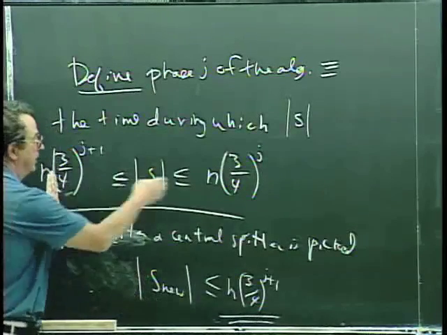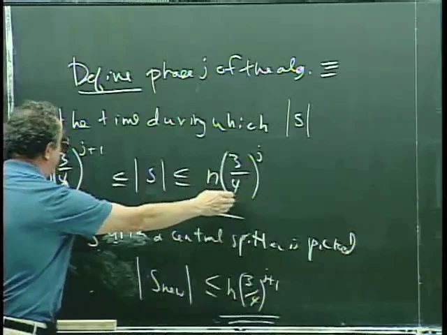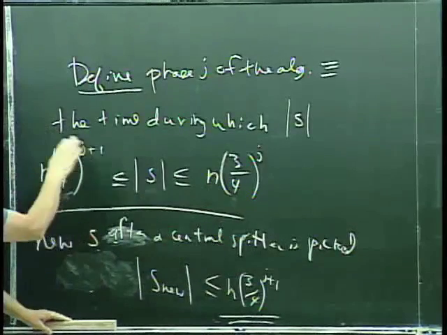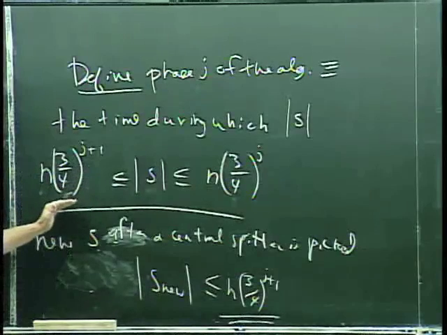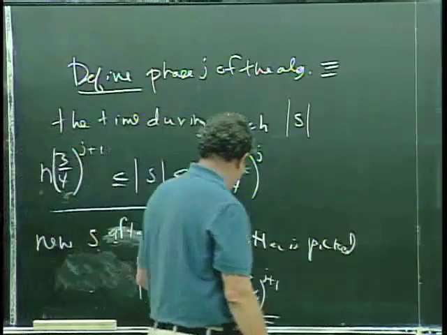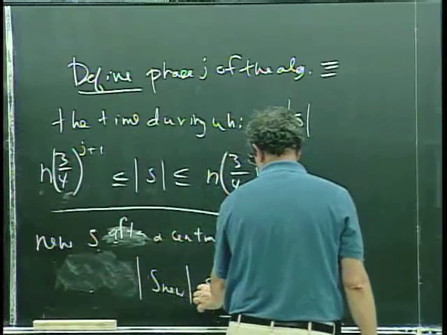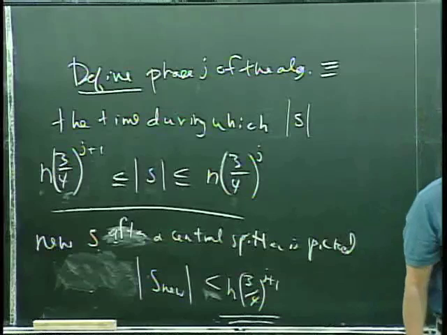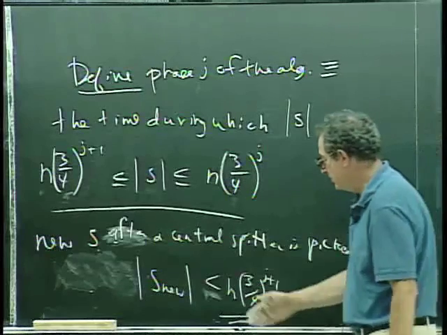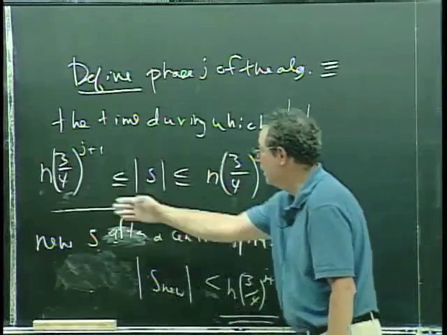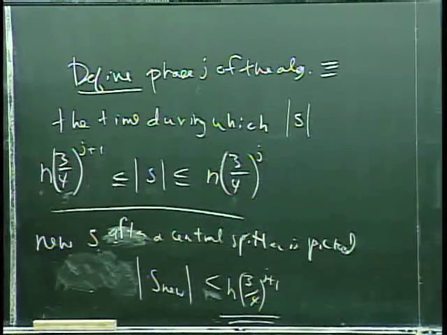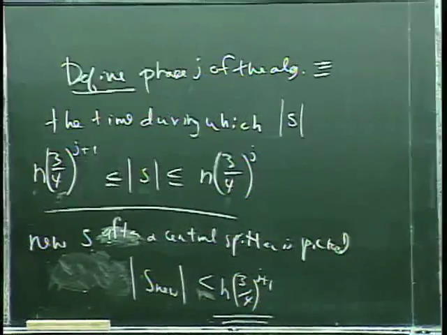Because phase j is when the size of S is in this range, and now we know that the size of S new is less than or equal to this. Okay? Probably I should have been a little more careful about making this strict, because then for sure there's no overlap between the size of S new and what this lower bound was. Okay? So the algorithm is not in phase j anymore.